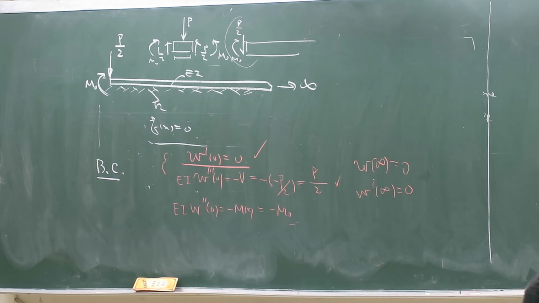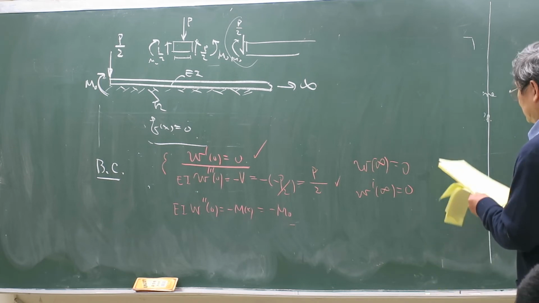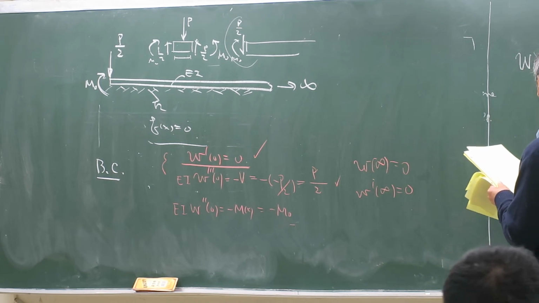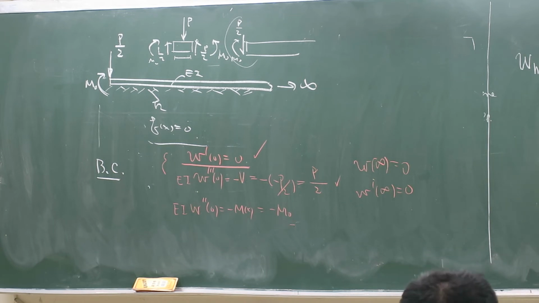Anyway, from these boundary conditions, my homogeneous solution is exponential mu x (C1 sine mu x plus C2 cosine mu x) plus exponential minus mu x (C3 sine mu x plus C4 cosine mu x).